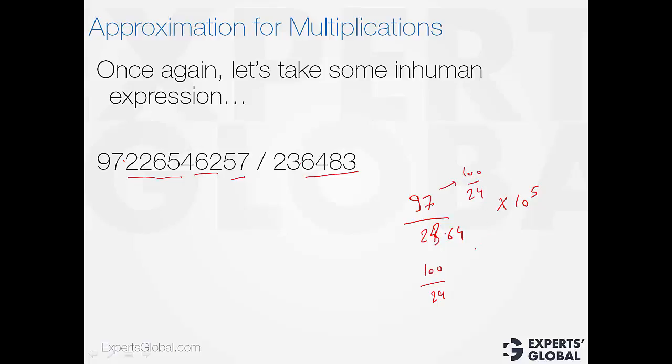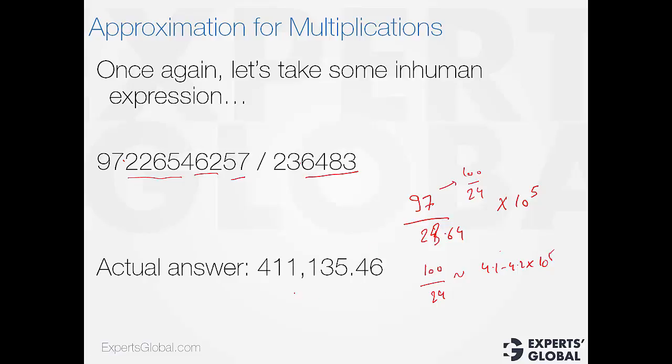So yeah, 100 upon 24 would be 4.1, 4.2 something, so something like 4.1 or 4.2 into 10 raised to power 5. The real answer is 4.1 something into 10 raised to power 5. Works very quickly, you know.